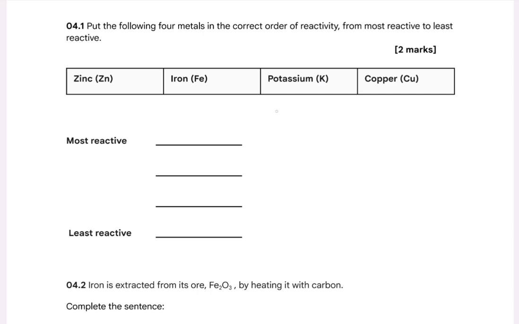Now, we can look at their positions on the periodic table, and we know that potassium is in group 1, and each of copper, iron, and zinc are all transition metals. Now, we know that group 1 metals are the ones which are generally very reactive substances. They react quite violently with water sometimes, and so we can be quite confident of placing potassium there.